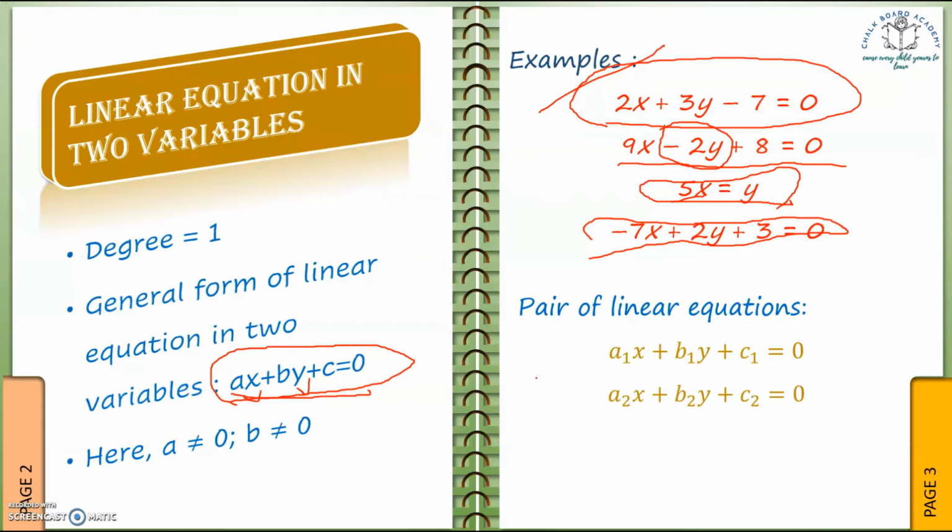Because we have two equations, we denote the first with a1, b1 and c1, and the second with a2, b2 and c2. So the first equation becomes a1x plus b1y plus c1 is equal to 0, and the second equation becomes a2x plus b2y plus c2 is equal to 0.